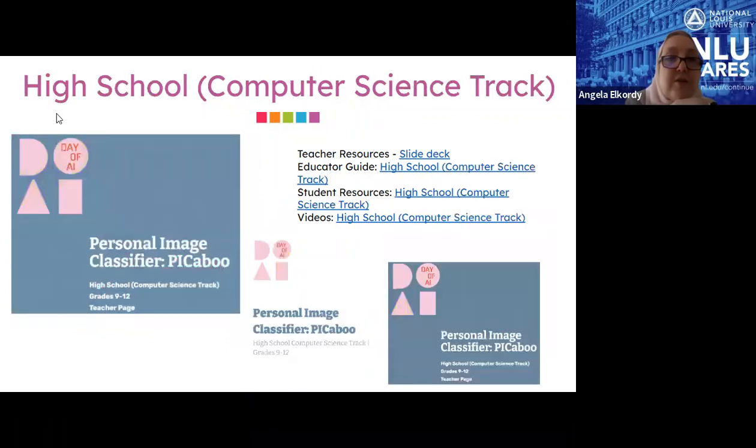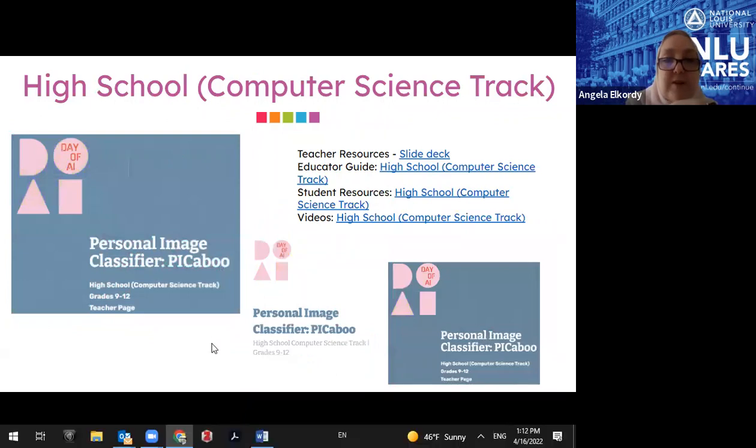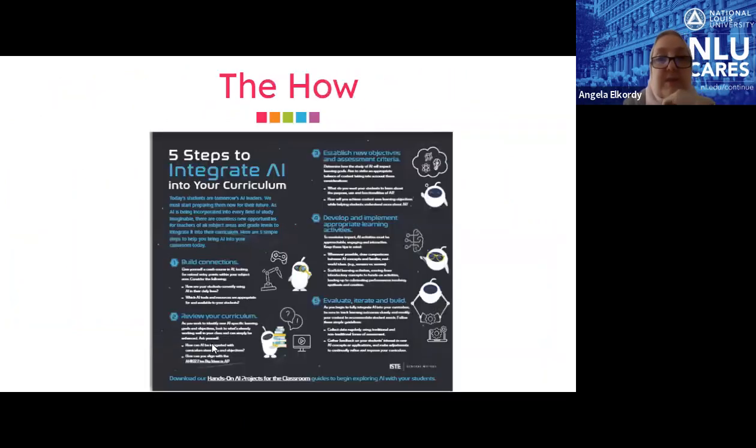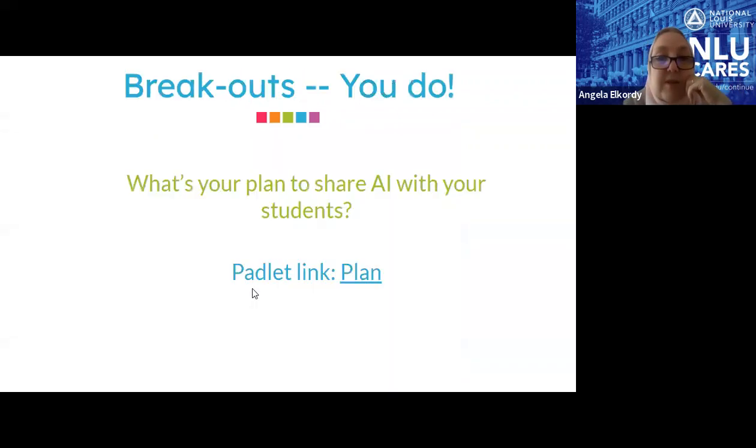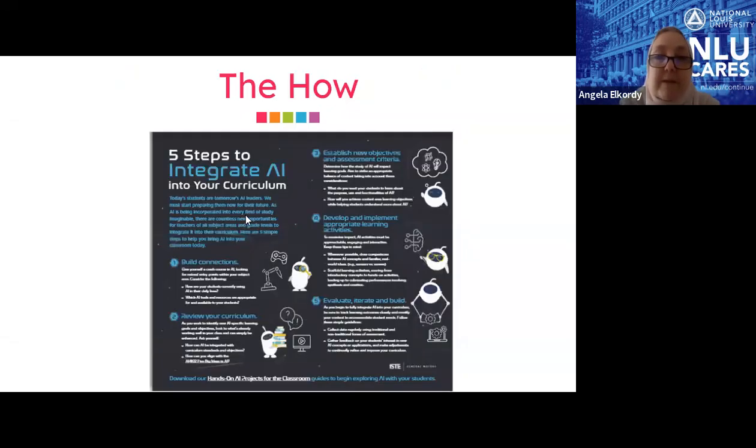This slide 33 is from ISTE, and it's 5 steps to integrate AI into your curriculum. It's a little small here, but they're suggesting that you build connections, review your curriculum, establish new objectives and assessment criteria, develop and implement appropriate learning activities, and evaluate, iterate, and build.